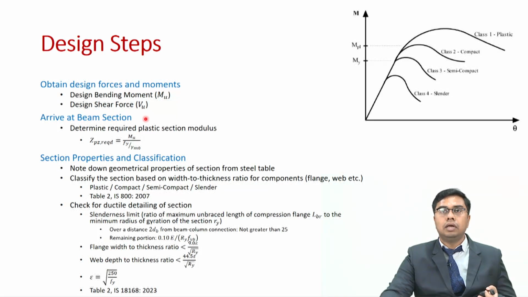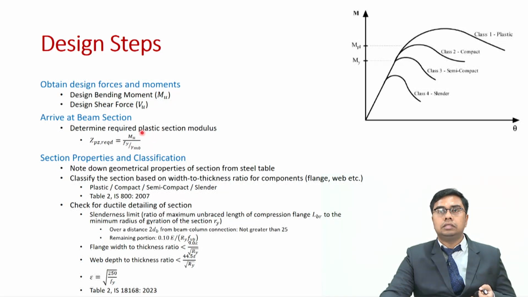How will we arrive? We will determine the required plastic section modulus. Based on this plastic section modulus requirement, which is calculated as Mu divided by Fy by gamma m0, where Mu is the design bending moment, Fy is the yield strength, and gamma m0 is equal to 1.1, which is the partial safety factor in yielding.